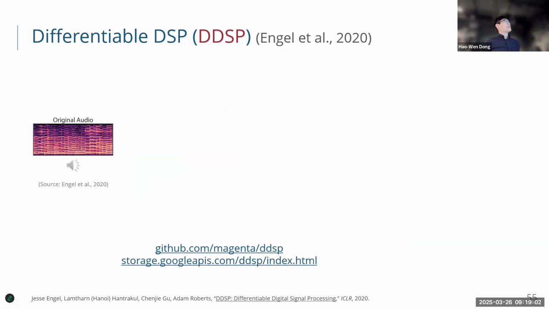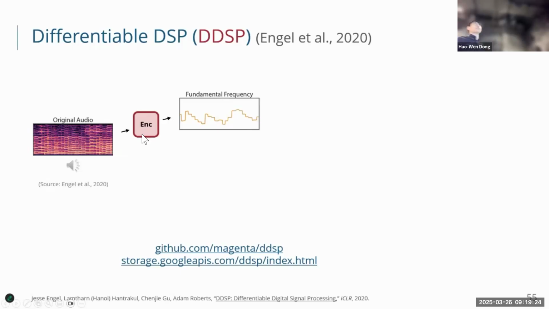Cool. This should give you a better sense of what it is. So this is the original audio. And there's no sound. Let me see. Yeah. So this is the input sound. You first do an encoder, you get the fundamental frequency.